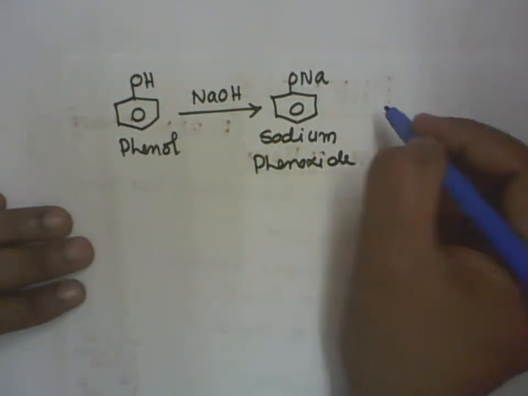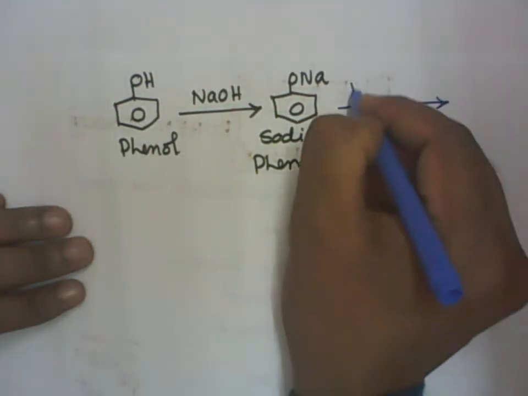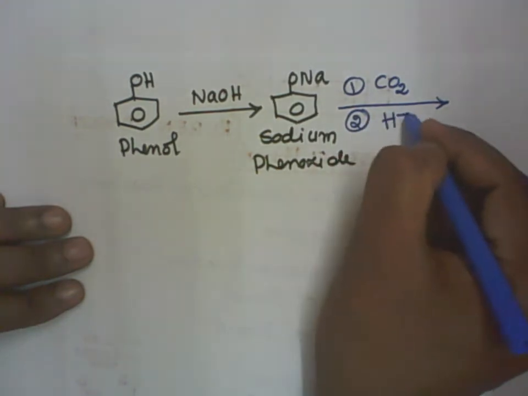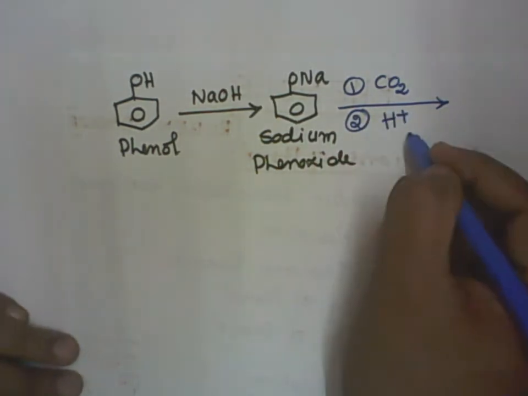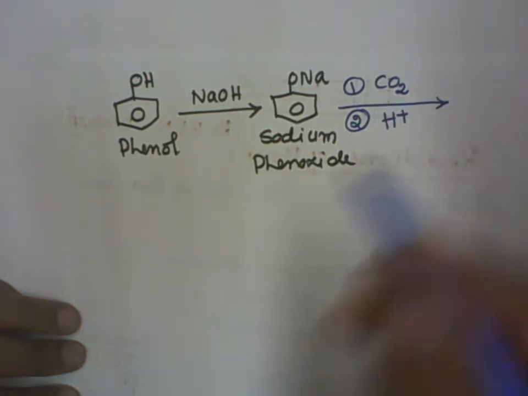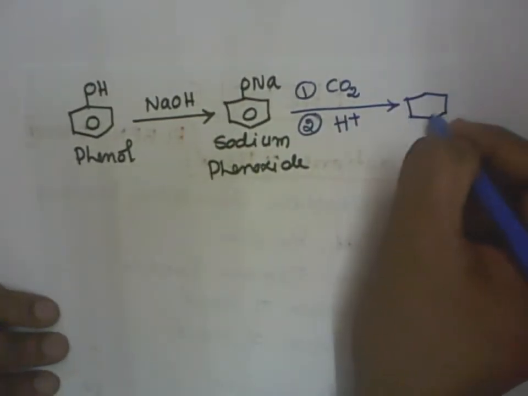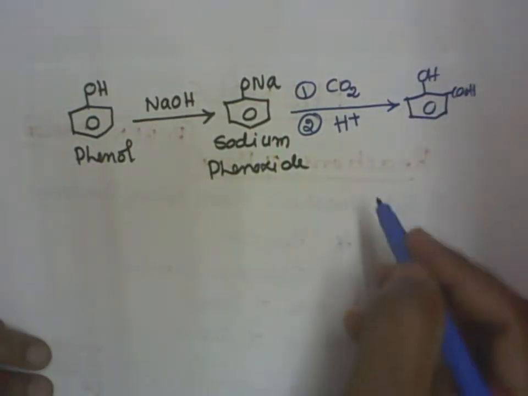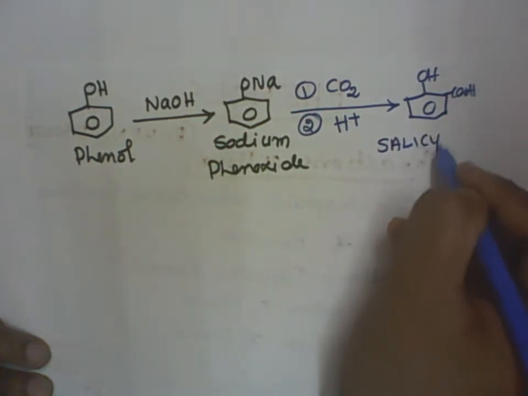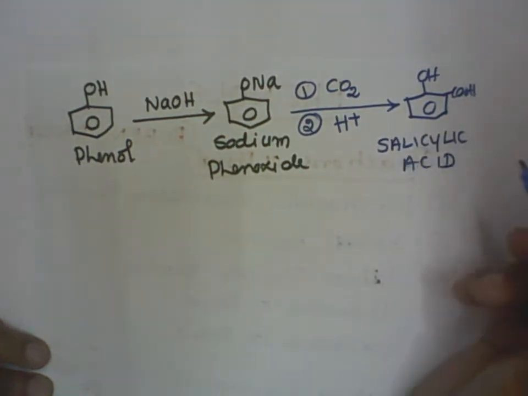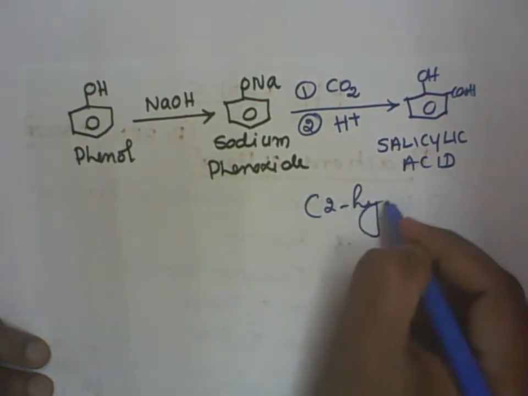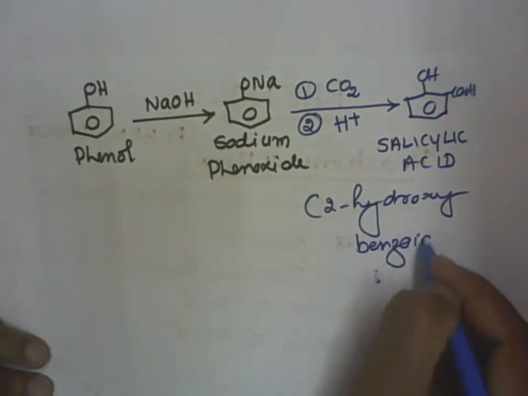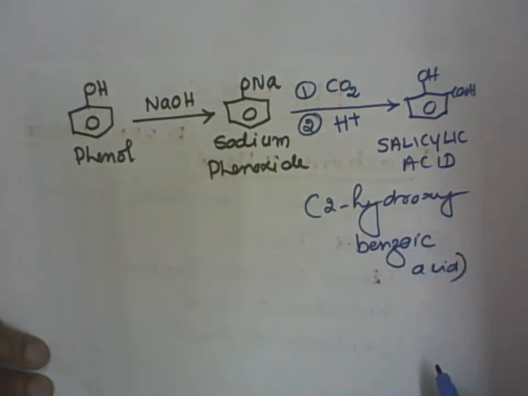It then reacts with, so I am combining the steps, first carbon dioxide, followed by acidification. The acid can be HCl, hydrochloric acid, or sulfuric acid. So we write in general H plus. To give finally OH, then you'll get COOH. This is known as salicylic acid, common name, or 2-hydroxybenzoic acid.